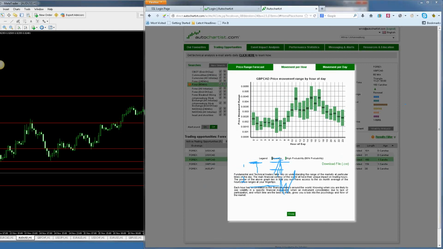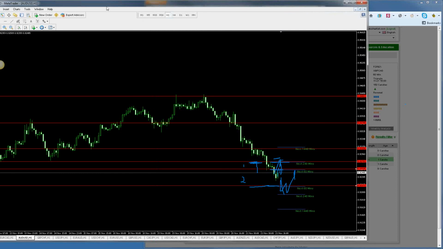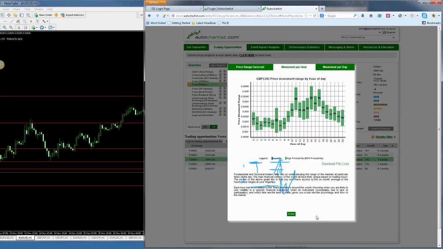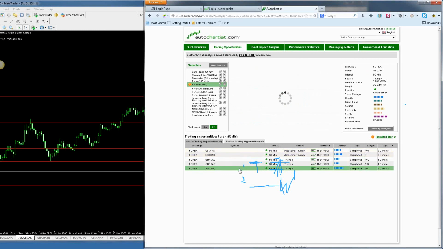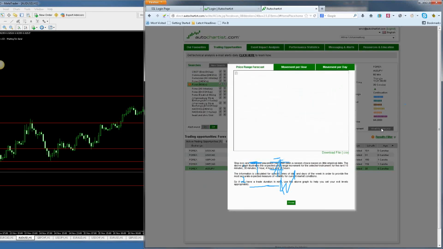Do I have a favorite pair for this method? Personally, if I'm learning about this method, I would honestly suggest that you use one of the big pairs like Euro US dollar or GBP US dollar, simply because there's a lot of volatility. If you look here, this is GBP CAD, but if you just took AUD JPY, like I said before, there's not a lot of volatility.